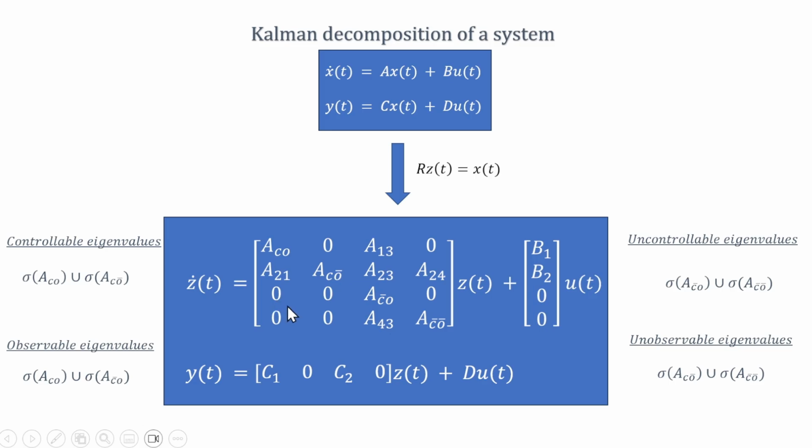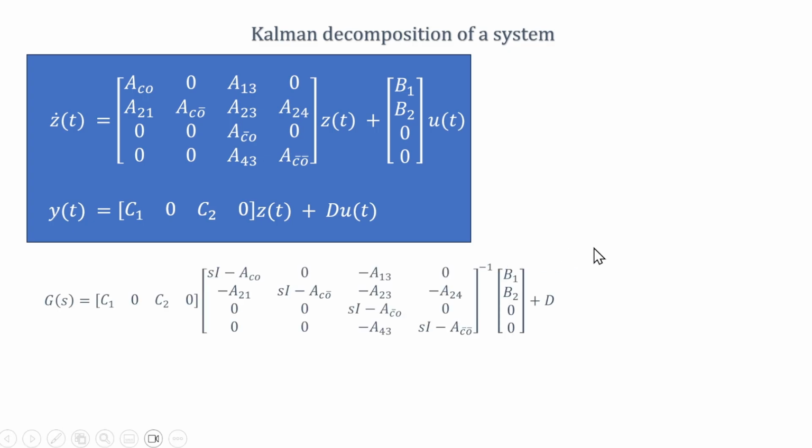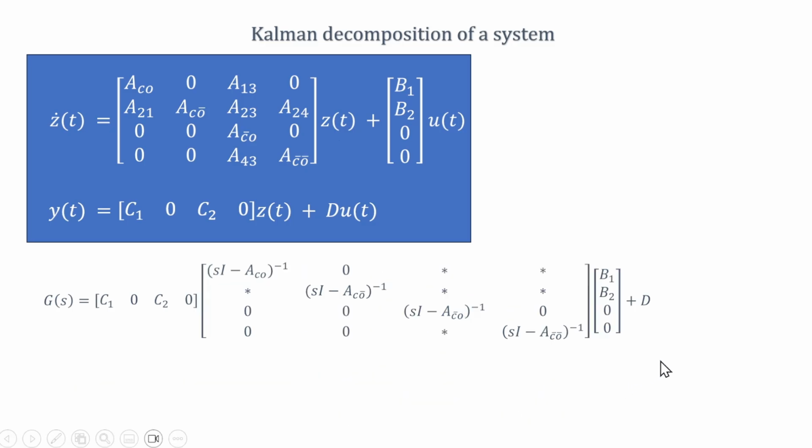Now notice that I can go ahead and find out the transfer function of this system. If I have to find out the transfer function of the system, I do C hat (sI minus A hat) inverse B hat plus D. So if I go ahead and do this calculation, I am not concerned about these values because these will never show up in the final expression. The final expression will look something like this.